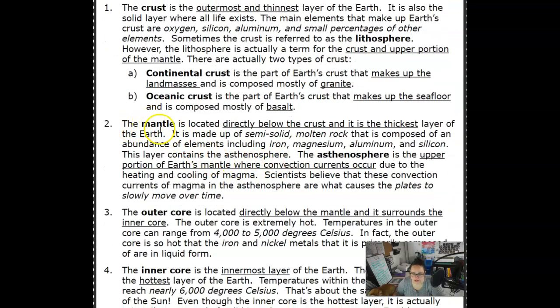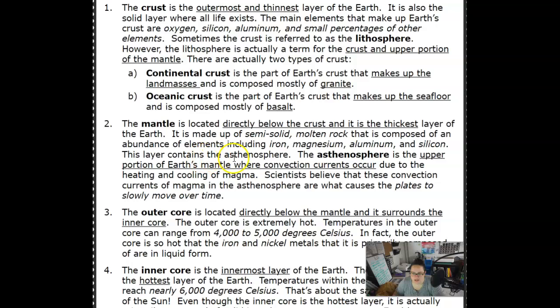Next, the mantle is located directly below the crust, and it is the thickest layer of the Earth. It is made up of semi-solid molten rock that is composed of an abundance of elements including iron, magnesium, aluminum, and silicon.